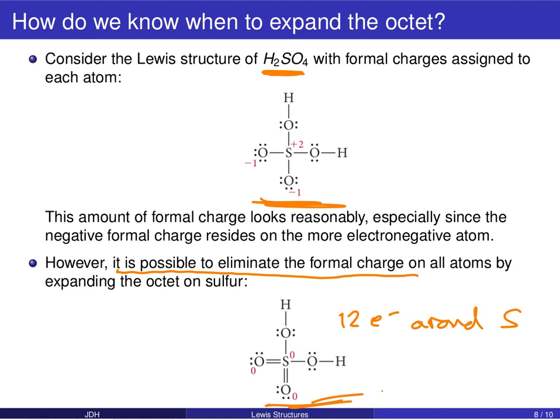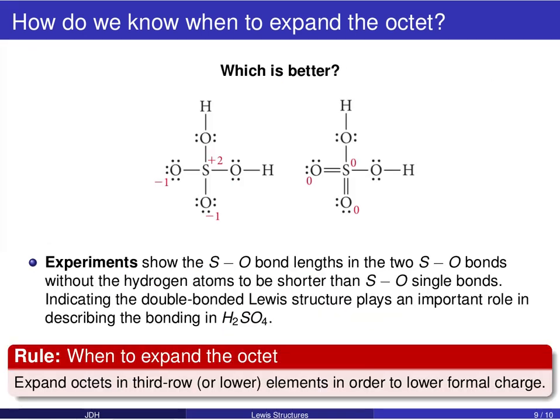As a result, this structure down here is going to be the preferred model, the model that more closely represents the experimental reality. And of course, this can be verified. We won't go into the details of the experimental techniques, but suffice it to say they show that the SO bond lengths on these two SO bonds without the hydrogen, so this one and this one, are in fact shorter than SO single bonds, which is indicative of some double bond character.